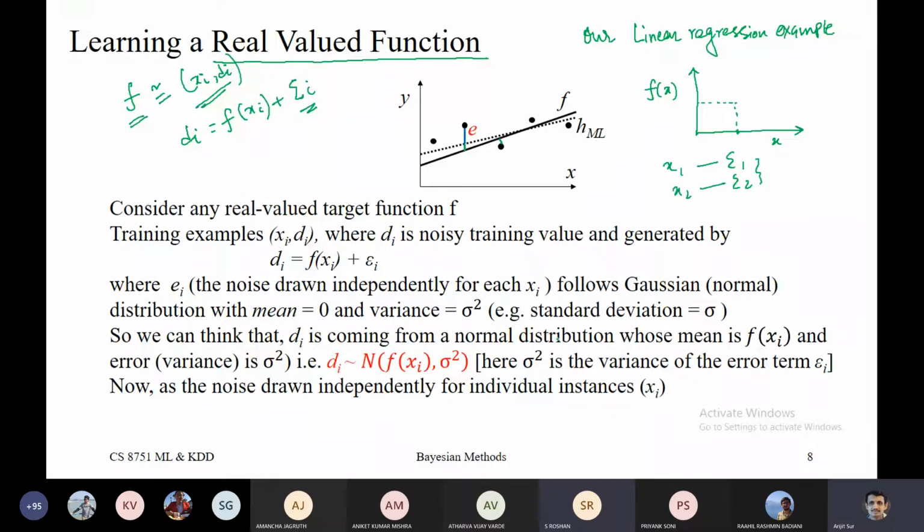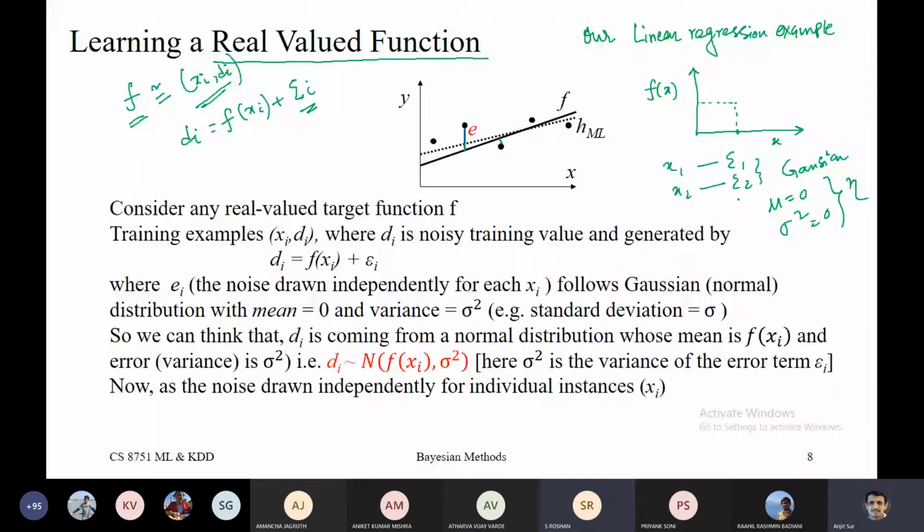This noise follows a Gaussian or normal distribution with mean 0 and variance sigma squared. This is the noise distribution. This is a very common statistical way to model noise, as Gaussian noise.